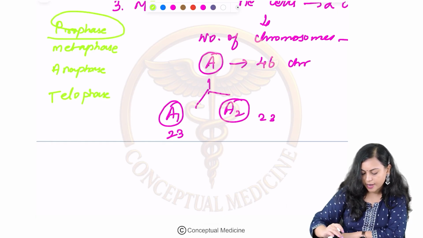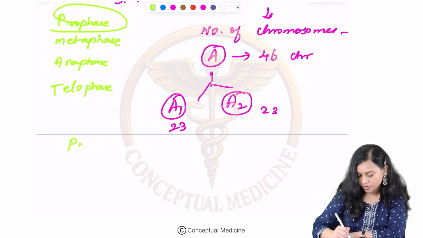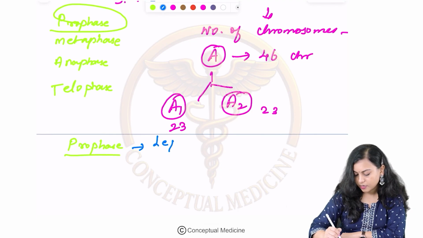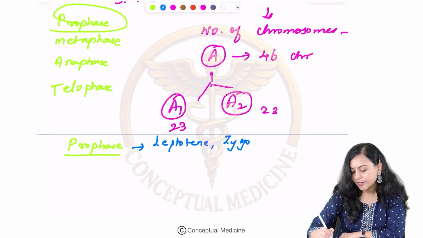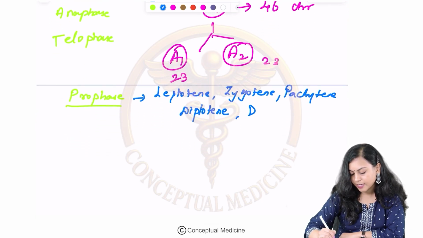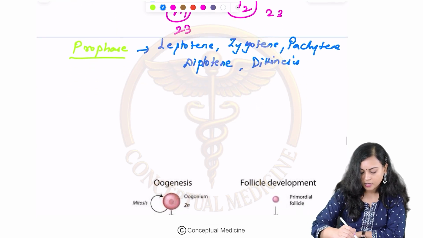Prophase further has many stages in it, namely leptotene, zygotene, pachytene, diplotene and the stage of diakinesis.